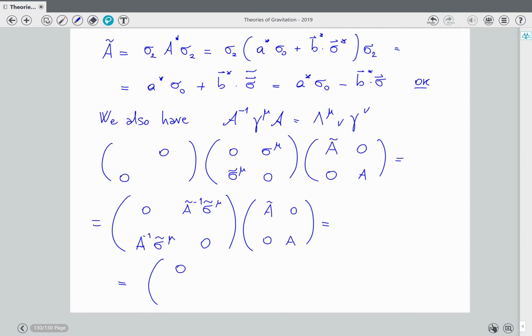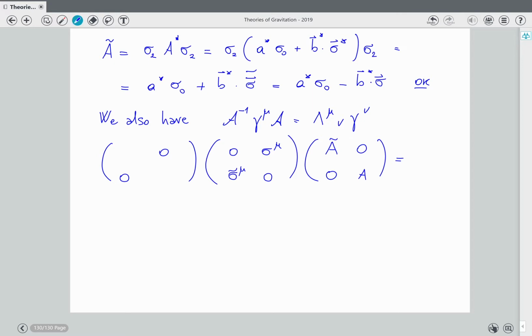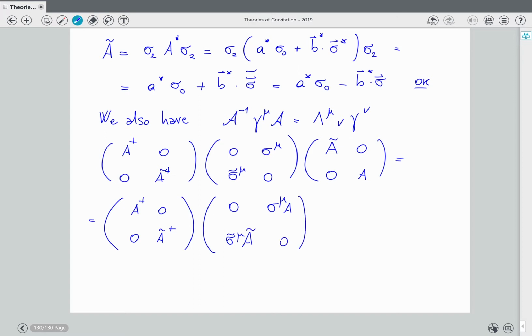So it's better to organize this a little bit differently. So A dagger tilde. Let's multiply the last two first. So you have 0 sigma mu A, sigma tilde mu A tilde 0.